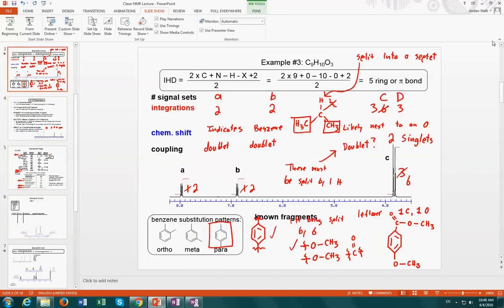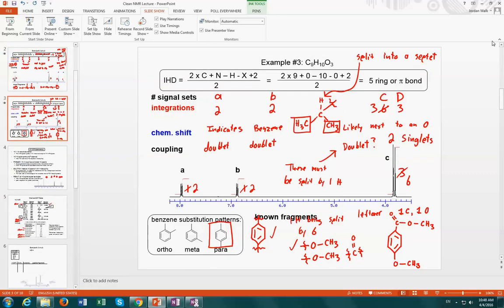So when we look at our peaks, what we end up with are 2 doublets. We've got 2 protons represented by this doublet, and 2 protons by this doublet. Because we've got 2 signals, we know we've got 2 equivalent pairs of protons. If we look at the meta, it can't be this one, because here we have our own proton and here we have 2 neighbors, so we'd have 3 lines, so it's not meta.